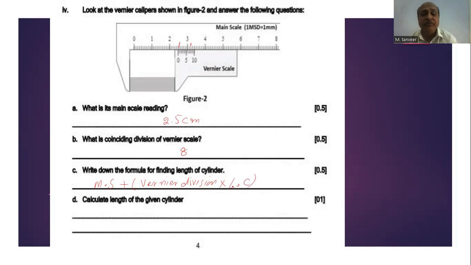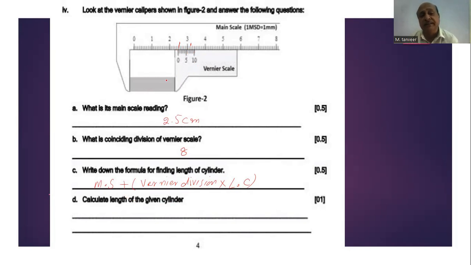This is the formula for finding the length or diameter or any measurement. First write the main scale, then the vernier scale division coinciding with the main scale division, and multiply it with the least count. Calculate the length of the given cylinder.